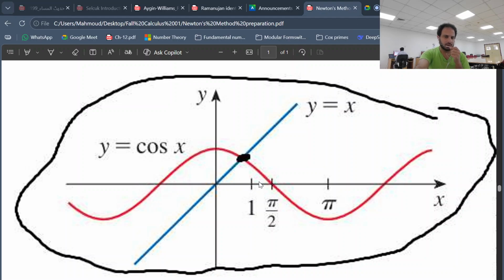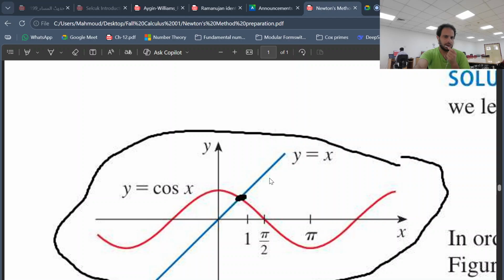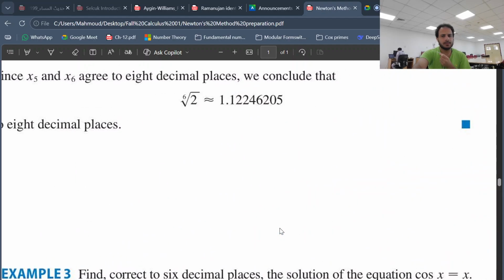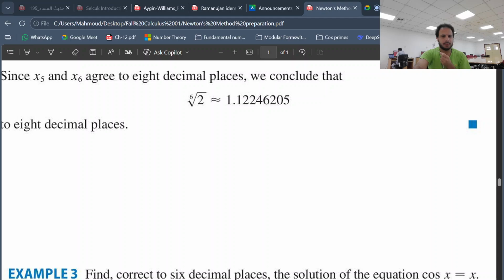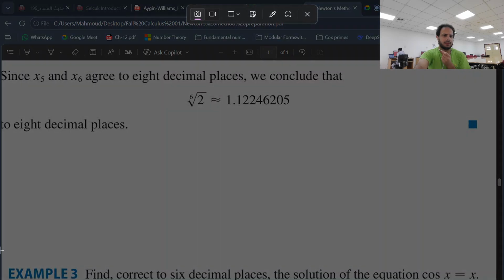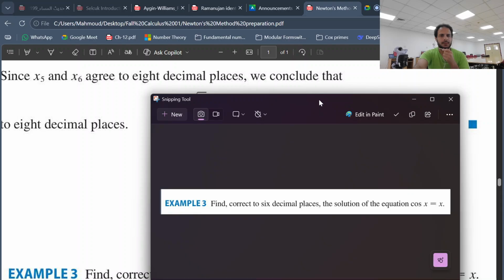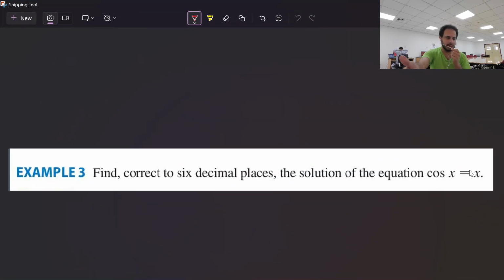Now if you want to choose x1 without graphing these functions, what can you do? We can use the intermediate value theorem, right? I will show you now that you can also use the intermediate value theorem to determine x1. So let's write the function first.